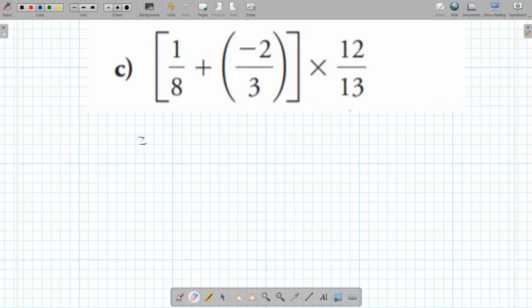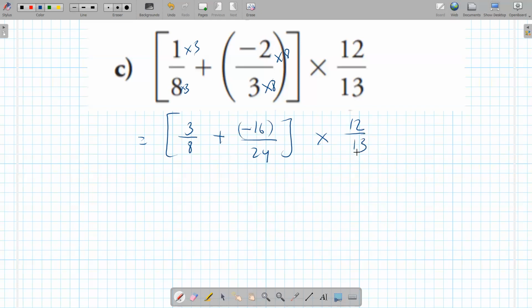So it's 24 here because 12 doesn't work. So we need to multiply this by an 8, and we need to multiply this by a 3, okay? So it becomes 3 over 8 plus negative 16 over 24, square brackets, times 12 over 13.